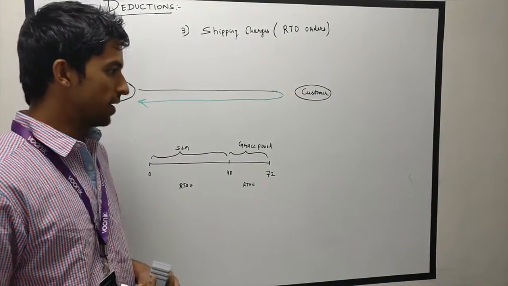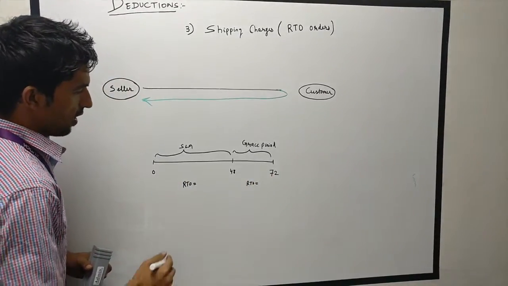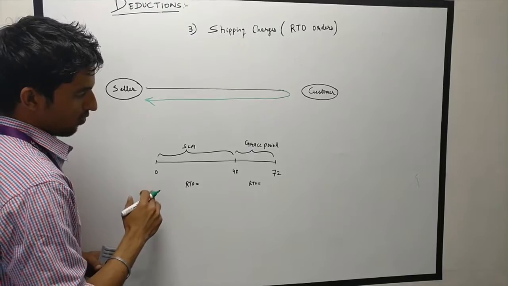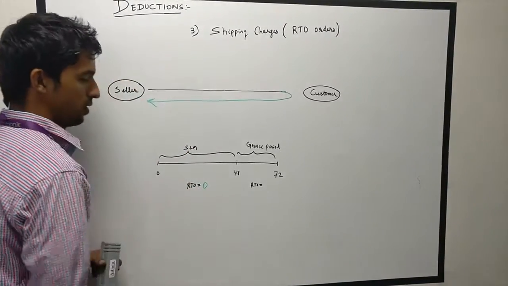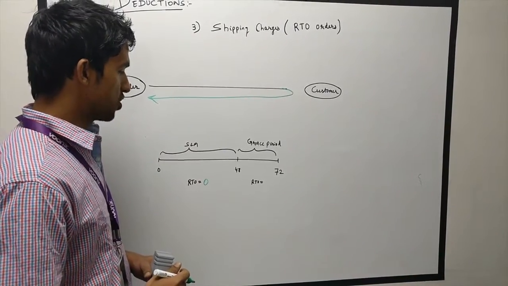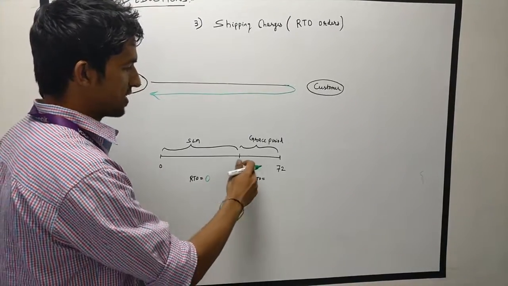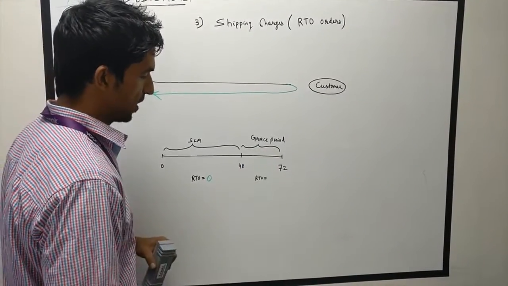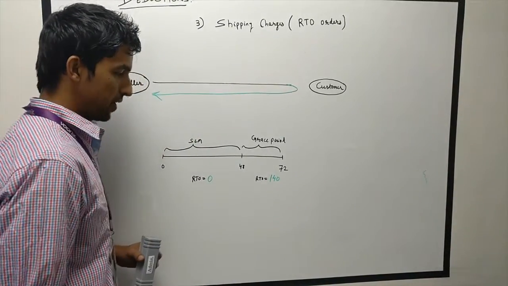Talking about RTO penalties, let's come back to the diagram that we just discussed at the start. In case your order was shipped within the SLA period, RTO penalty of 0 rupees is levied. That means there are no RTO charges if product was shipped within the SLA period. However, if product was shipped after the SLA period, that is within the grace period, then a flat RTO penalty of rupees 140 is levied.